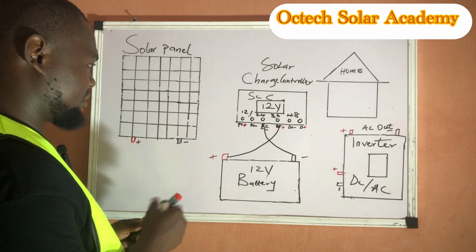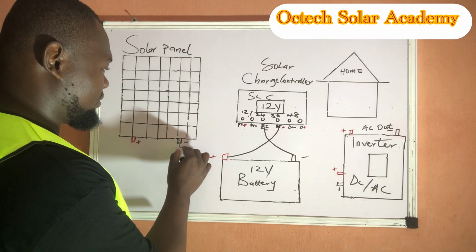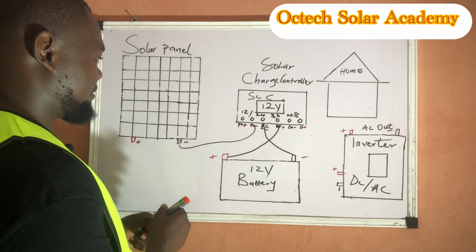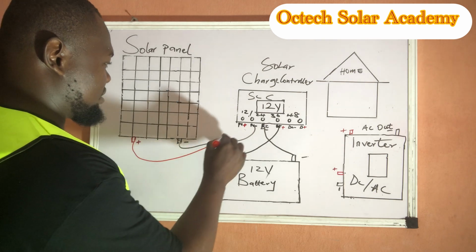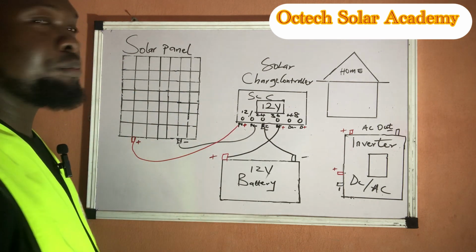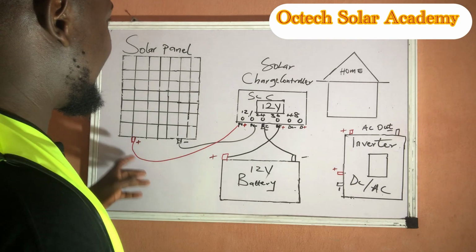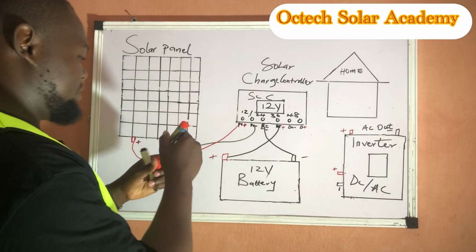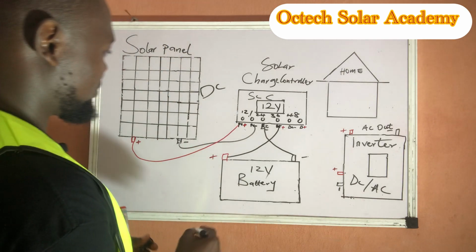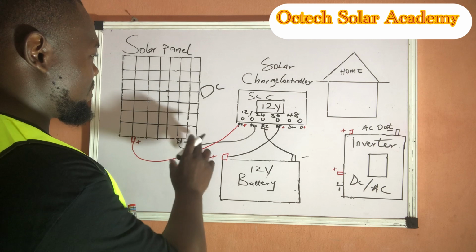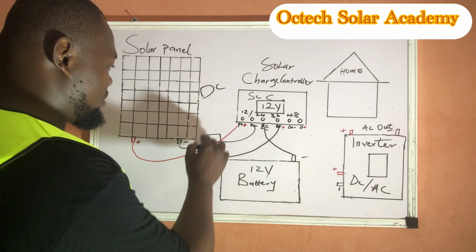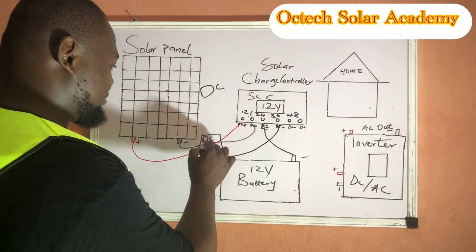Now moving on, we connect our panel. This is our panel, our negative to PV negative, and our positive to PV positive. Now we talked about the DC circuit breaker. Remember, we said that this solar panel generates DC energy. So between the solar panel and the charge controller, there is need for us to introduce a DC breaker.